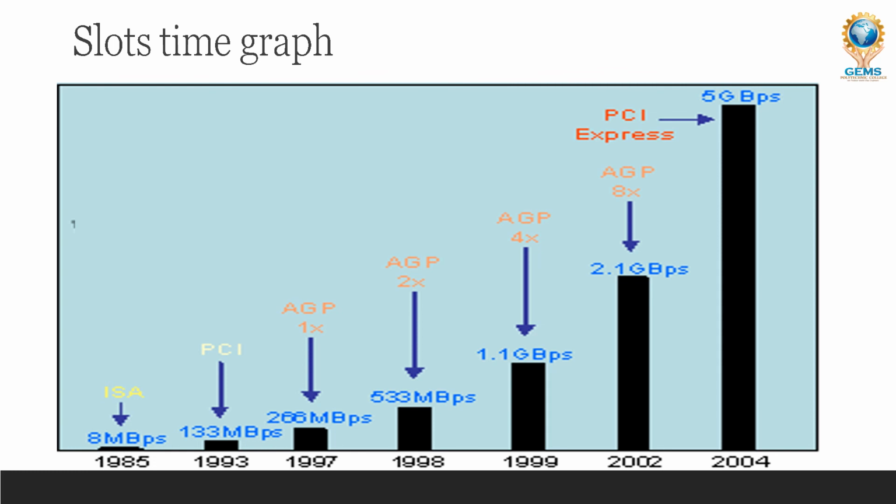Till now, modern PCs use the PCI Express card because it is high speed, and PCI Express keeps upgrading and improving the maximum data rate in the PC.